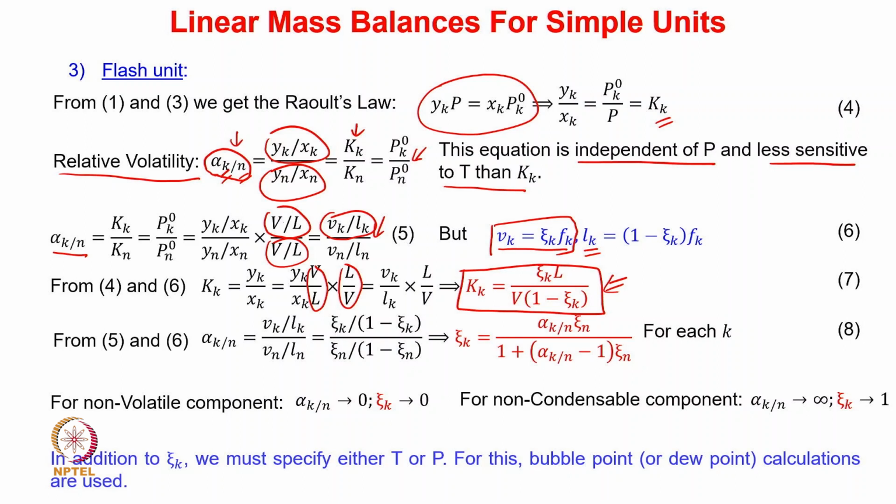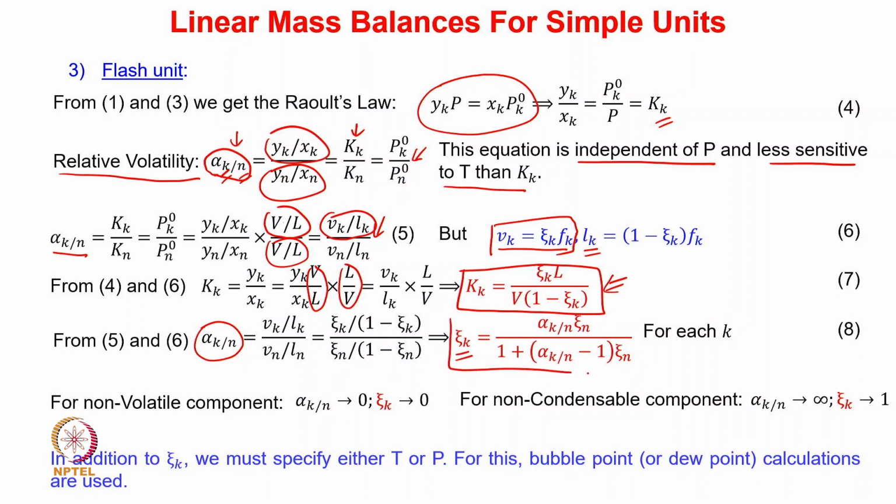Now similar to that, we can rearrange the equation for alpha kn. Alpha kn is the relative volatility. Here relative volatility is given by what? Vk divided by Lk divided by Vn by Ln. So now Vk by Lk is zeta k divided by 1 minus zeta k, and Vn by Ln is nothing but what? Zeta n divided by 1 minus zeta n. We can rearrange this equation and obtain the expression of zeta k. So zeta k is given by alpha kn into zeta n divided by 1 plus alpha kn minus 1 into zeta n.